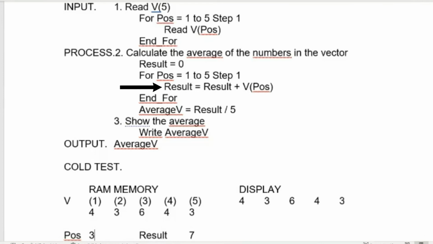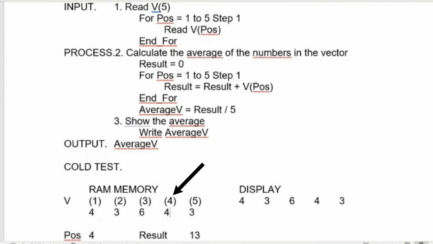Because 2 plus 1 is 3. The instruction result is equal result plus vector in position pos. Result is equal to result, that means 7, plus vector in position 3. So 7 plus 6 is 13. And for step 1, that means 3 plus 1 is 4. Result is equal to result 13 plus vector in position 4.